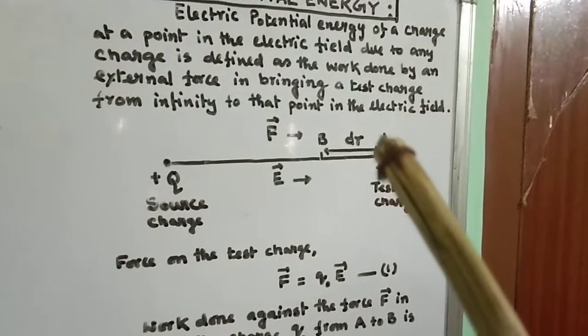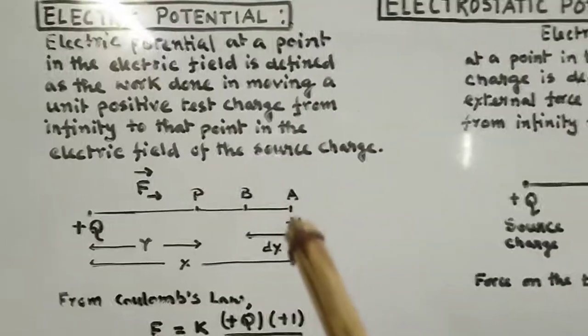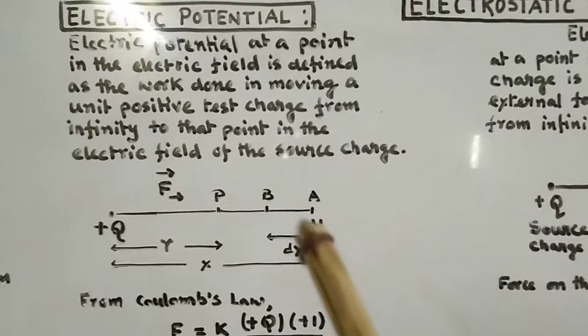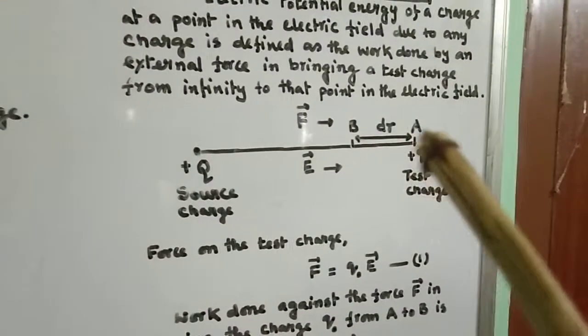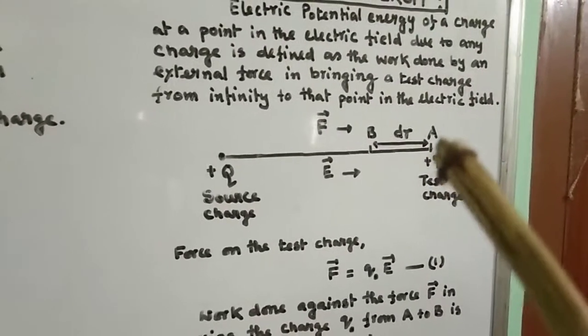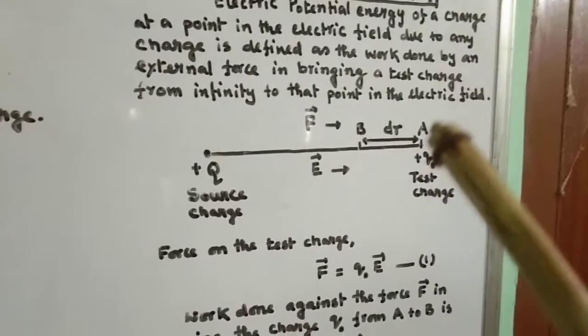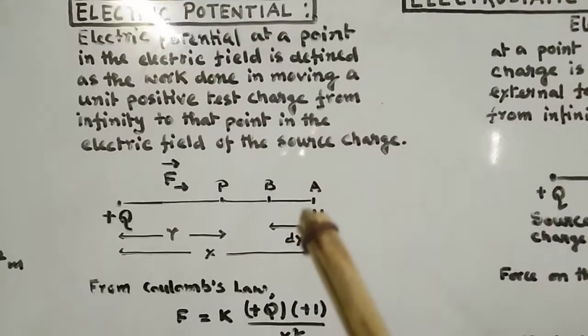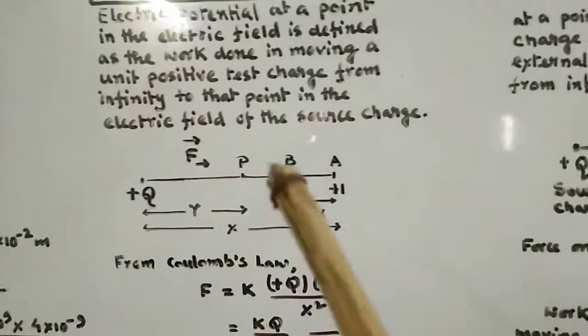Now here we have placed plus Q naught at A, and what we have done here, we have placed plus 1, that is your unit positive charge, not the Q naught. Q naught may be any value other than unity, or it may be unity in case of potential. So here the value is Q naught, and here is plus 1, and the diagram is almost same. Source charge, source charge.